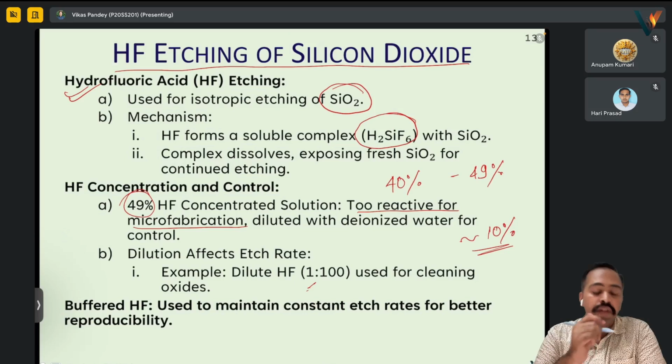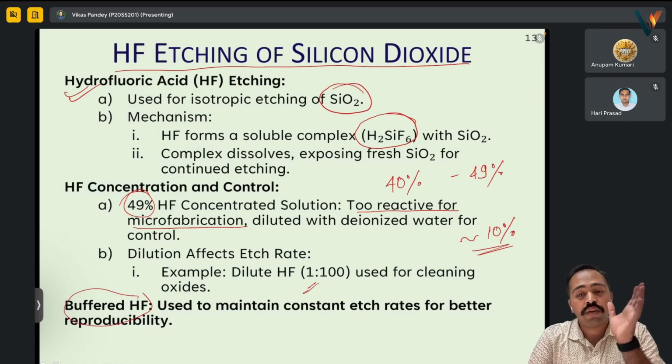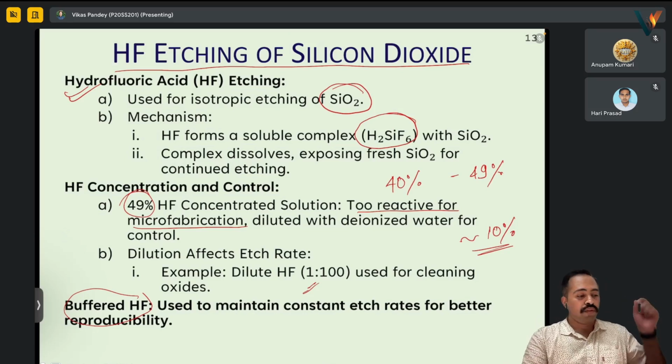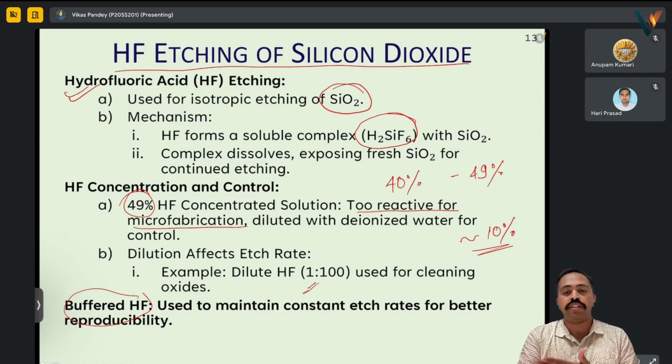So buffered HF is used to maintain a constant etch rate for better reproducibility, because this etch rate will vary over time. You dip it at the start, it will be vigorous, then it will slowly decrease. We don't want that. We want a constant etch rate so that we can know in how much time it will etch out.